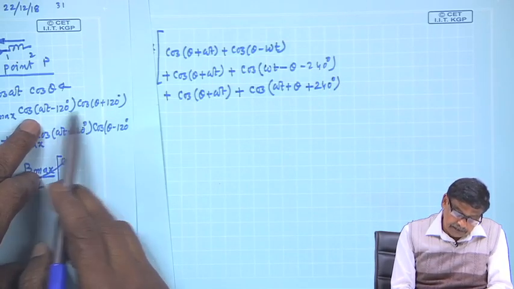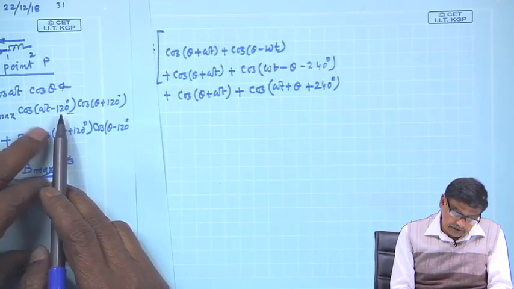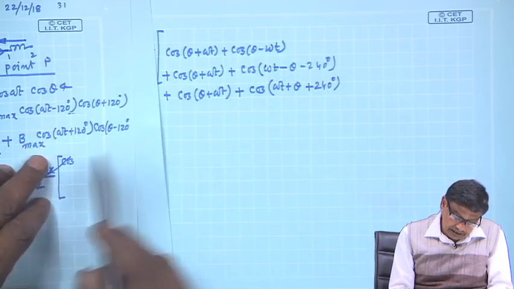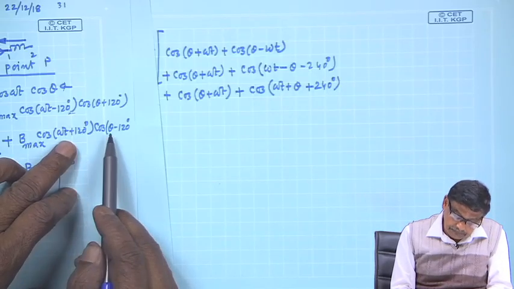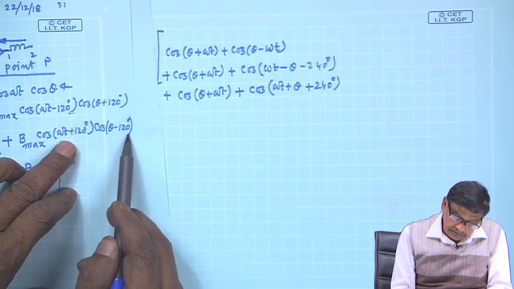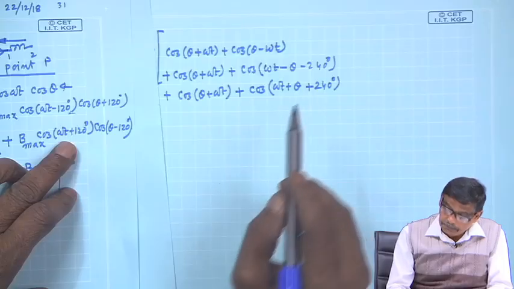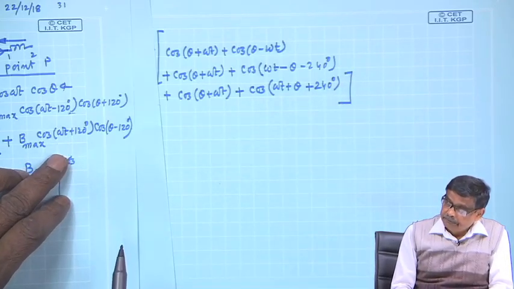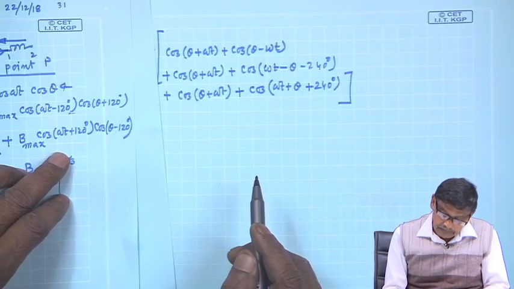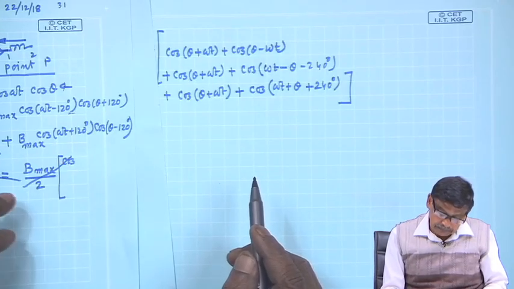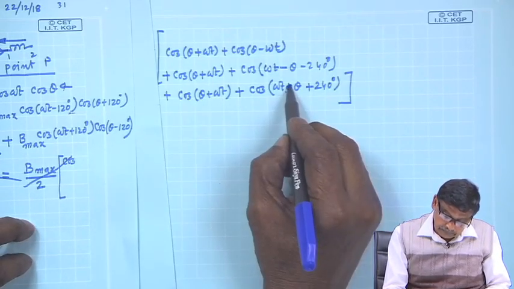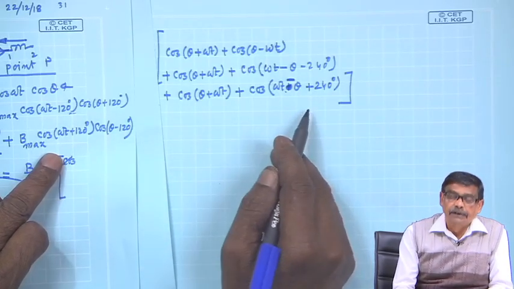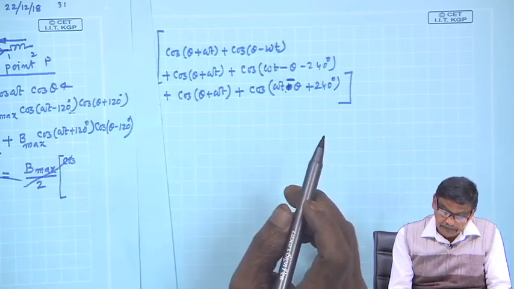So, A minus B: the second term was minus 120, minus 120, minus 240, and here it is plus 120 minus minus 120. So, that will be plus 240, and this will be the situation. So, this will be omega t minus theta minus 240.